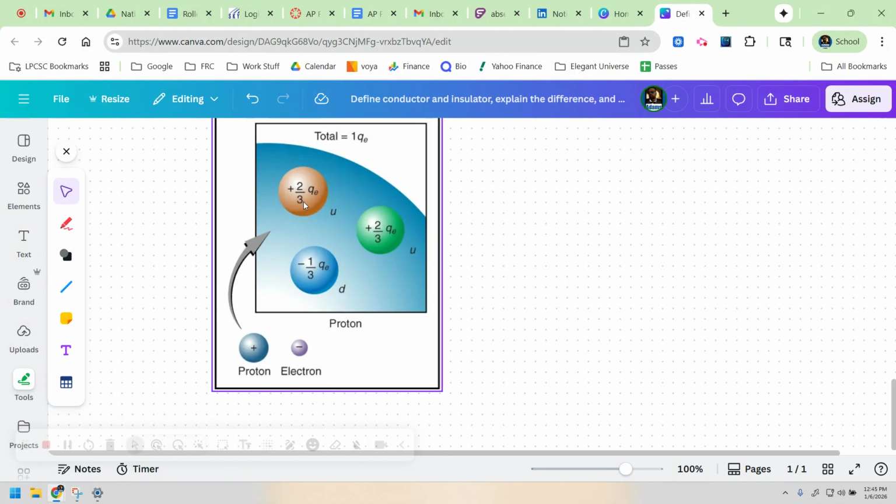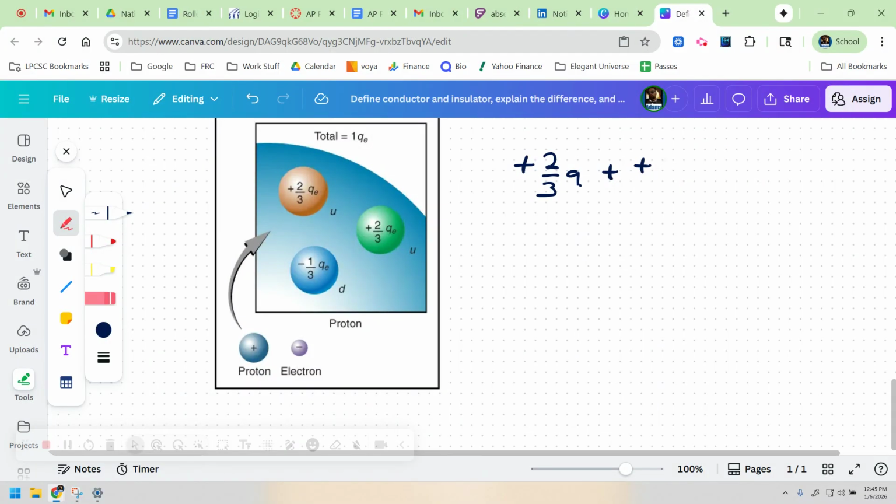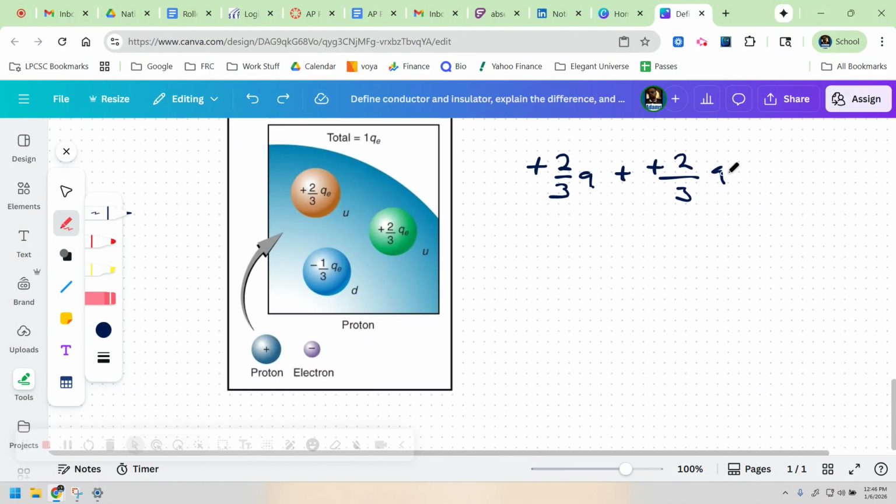If you have a positive 2/3 plus a positive 2/3 and then, of course, a negative 1/3, if you do the math on that, when you add them up, it ends up being 3/3, right?